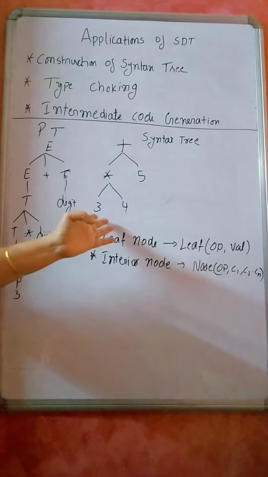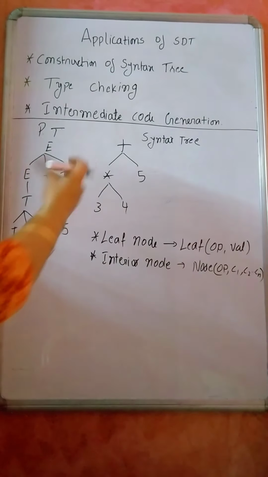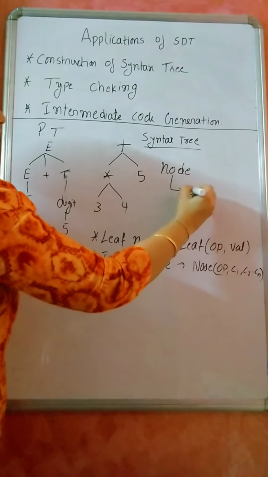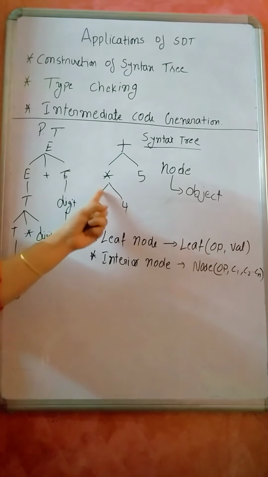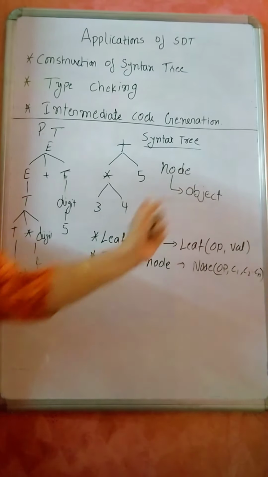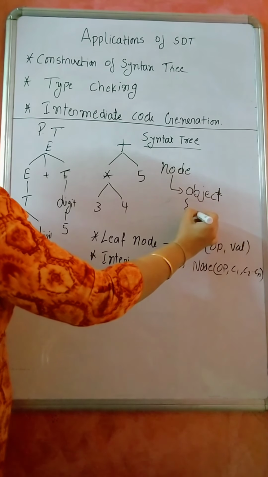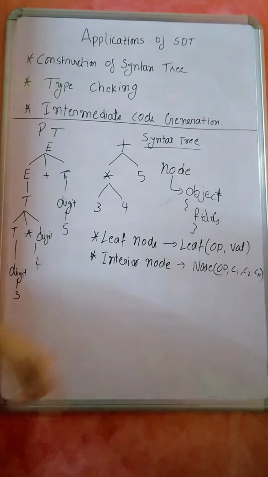When you look at this, you will have leaf nodes and interior nodes. Each node of your syntax tree is implemented by using an object. When I say the word object, obviously you will have a collection of fields.